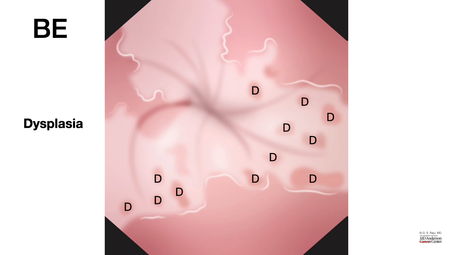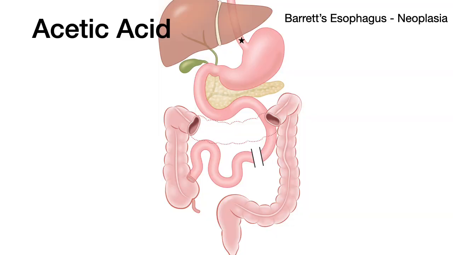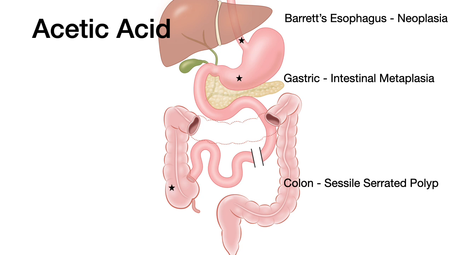In addition to its role in assessing Barrett's epithelium, acetic acid spray has been used in the stomach as well for defining the extent of gastric intestinal metaplasia. In the colon, it is used for sessile serrated epithelium or polyps that are not easy to define in terms of the extent of involvement.